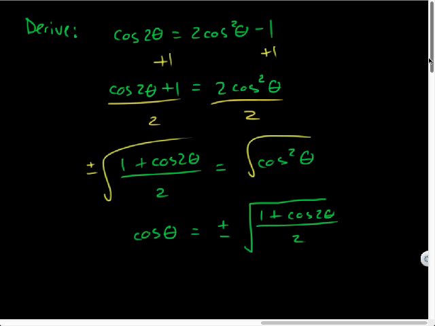Now, this plus or minus depends on which quadrant theta is in. Okay? So don't just assume that you have 2 answers here. We're going to only have 1, but we're going to select it based on that.